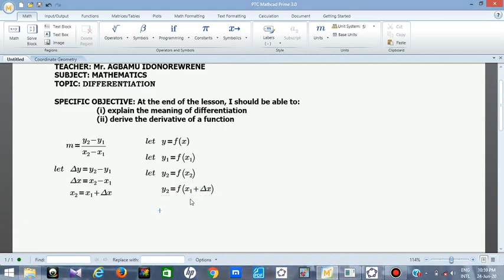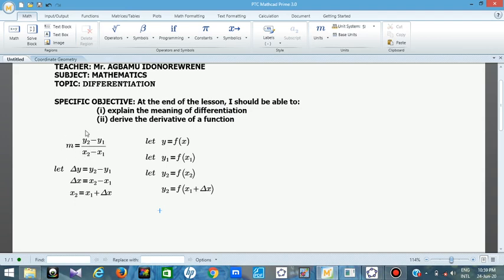So you can see it. You just replace x2 with x1 plus delta x that you got in this place. You put it down here. So that is that.